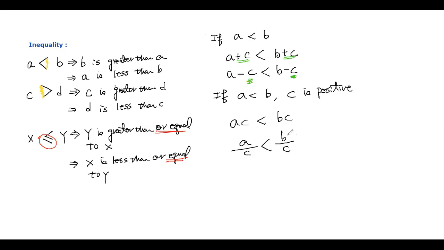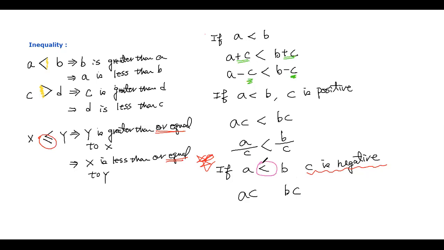Now this is where students make mistakes. How about if you have a negative number? This part is super important. If C is negative and you multiply A times C and B times C, the inequality will switch.